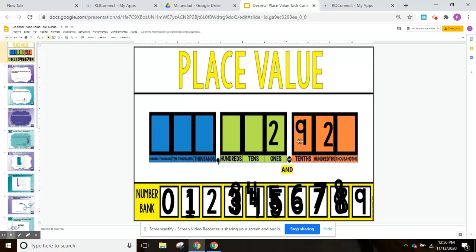So this one va a ser, tenemos un 2, a 2, in the ones place. Pues mi número es 2. So I'll read it. 2 and 92 hundredths. 2 and 92 hundredths.